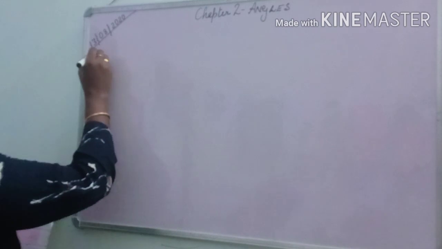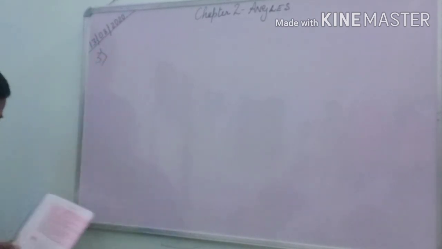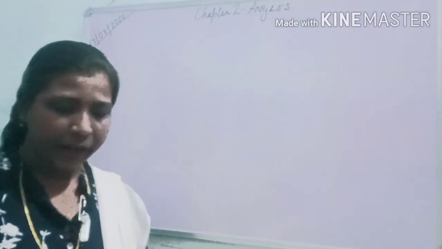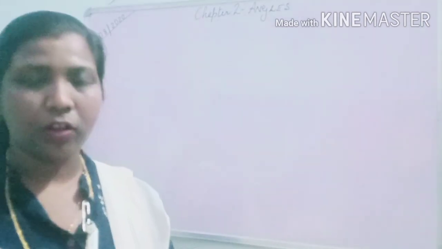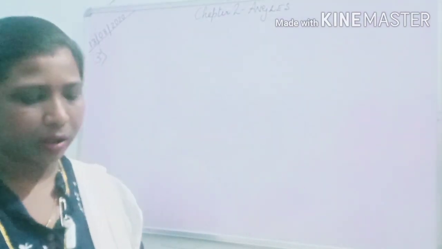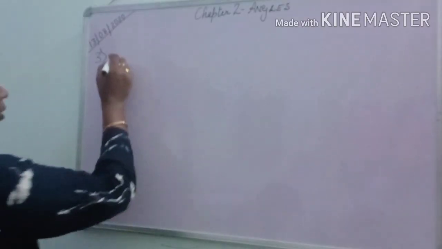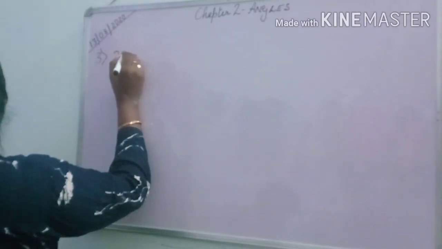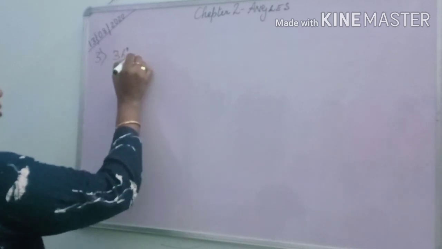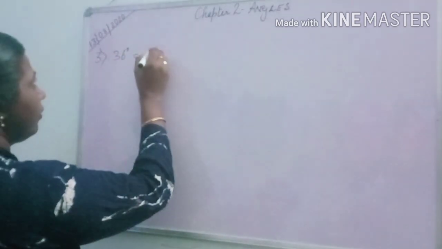Question number 3: we have to find the complementary angle of the following angles. The first angle is 36 degrees.